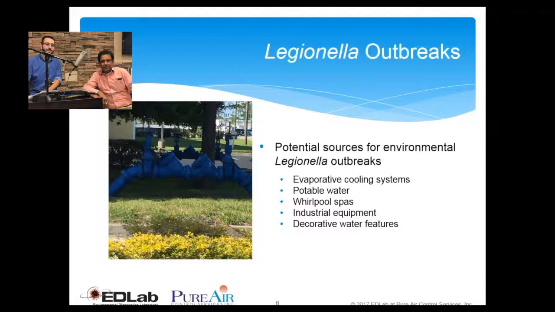The very important point is the source where Legionella resides or forms, such as evaporative cooling systems, potable water, whirlpool spas, industrial equipment, decorative and other features such as water misters, etc. These are more vulnerable because they might be a very potential site where Legionella can be found.